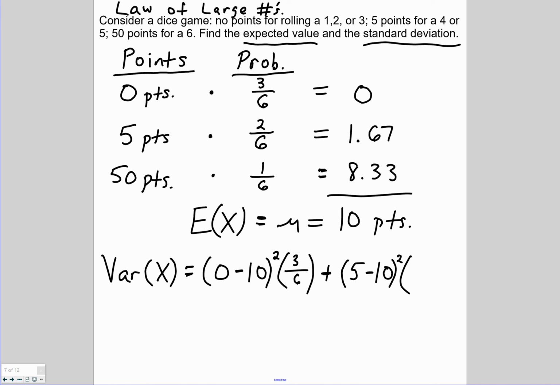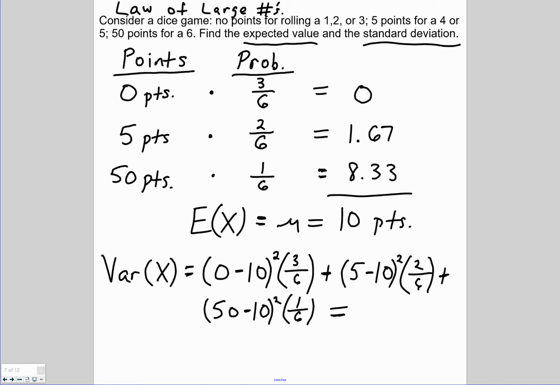Square it times 2/6. Very good. Plus, the last one. 50 minus 10, that's a deviation, square it, times the likelihood, 1 over 6. Whatever all that is, that's called our variance.